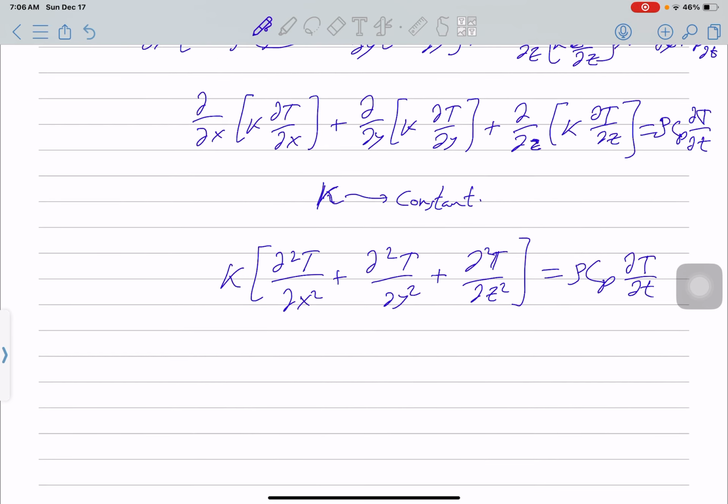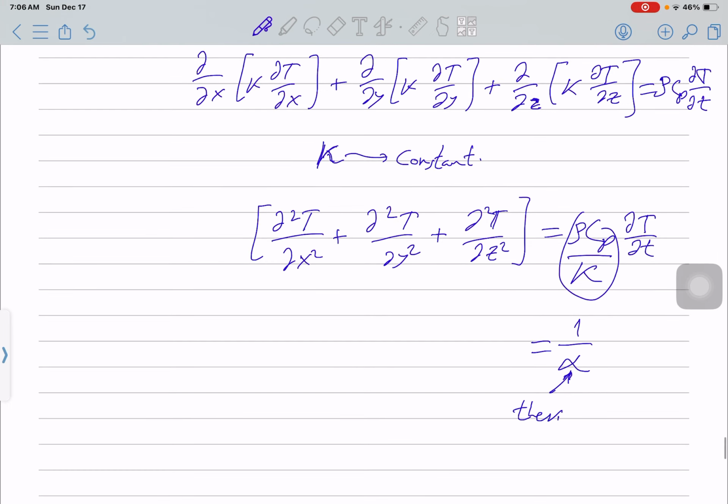We can divide by k on both sides, and this term will be called 1 over alpha, where alpha represents thermal diffusivity, because it is a constant that depends only on the material. k depends on the material, cb depends on the material, rho depends on the material.